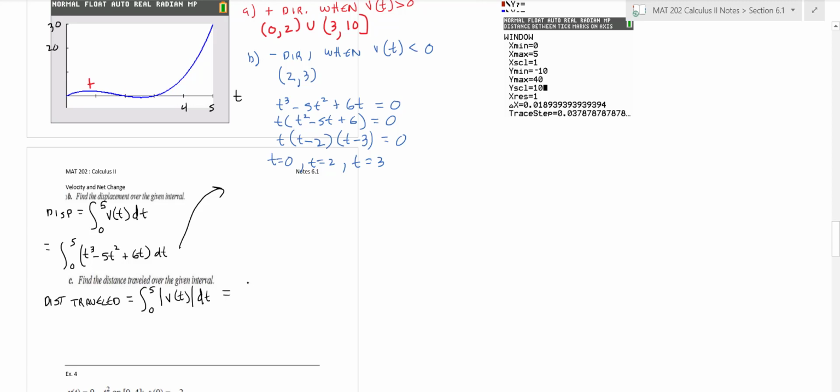You could go integral from 0 to 2 of the velocity function, which is t cubed minus 5t squared plus 6t dt. And we're going to do that numerically on the calculator. Okay, I'm not going to take the time to do that. There's no sense in doing that. And then you've got negative. That region is below the curve. So what we're going to do on that is we're going to do the integral from 2 to 3 of the velocity function.